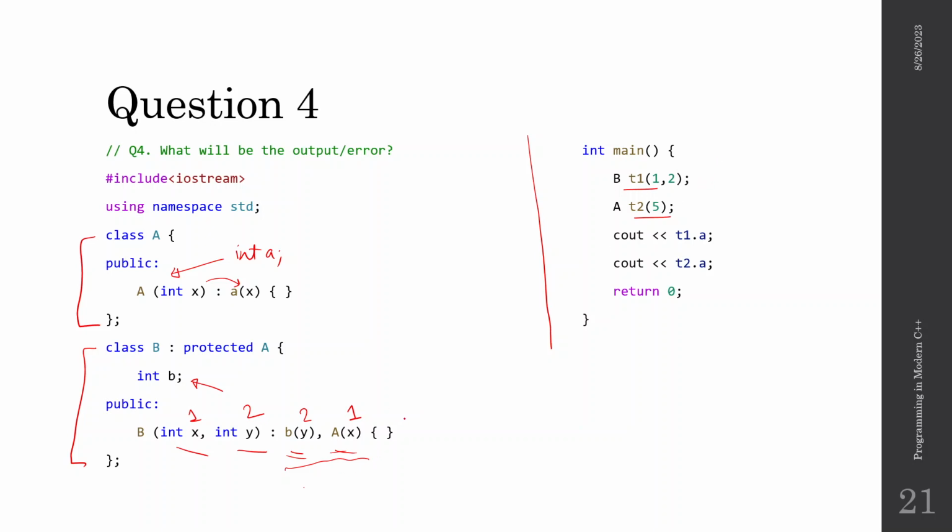And for the second object, we call the constructor with the value 5, so this will be 5. So t1 dot a, you can see from here, is 1, and t2 dot a is 5. So the numbers 1 and 5 will be printed.